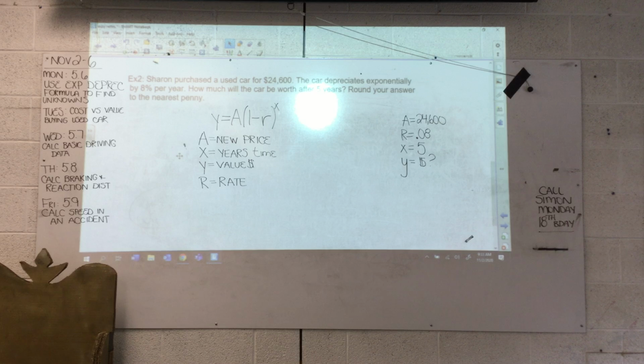Plug it into the formula, and then you'll see how easy it is just to type it in. So plug in the pieces.